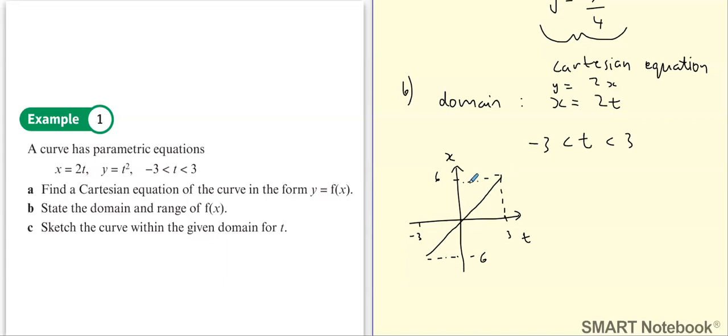Right. Now, when we're looking at domain, we said allowable x values. We want x values. And x is on the y-axis in this case. So the allowable x values, the lowest allowable x value is -6. And the greatest allowable x value is 6. So what we can say about the domain is that x is greater than -6 but less than 6. And here is our domain.